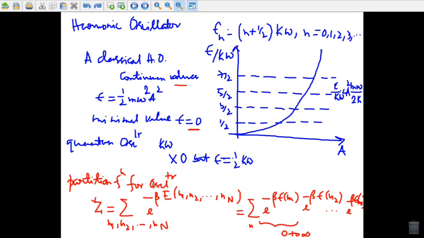So one can write the partition function of the oscillators, capital Z, equals the summation over n1 to nN of e to the power minus beta E(n1 to nN), and one can write this E(n1, n2 to nN) as nothing but epsilon n1 plus epsilon n2 plus epsilon nN.